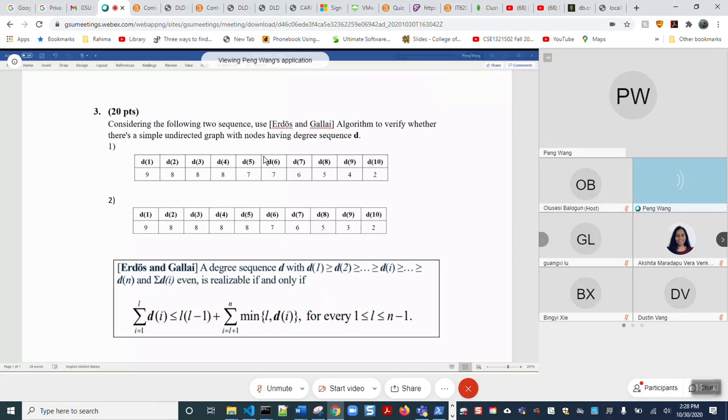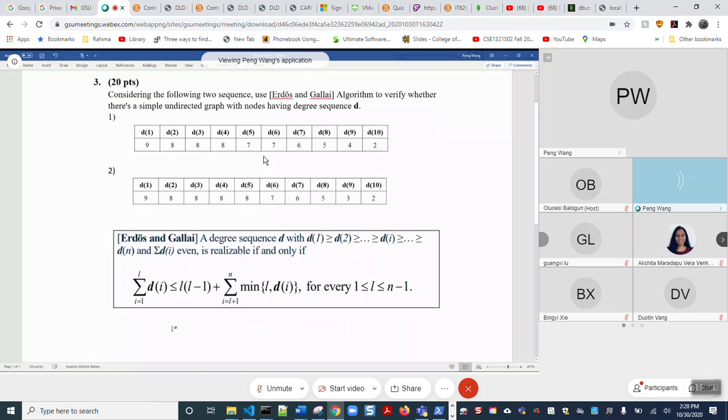Here's the answer for the first part. The first part is, at first we calculate the right part of this equation.